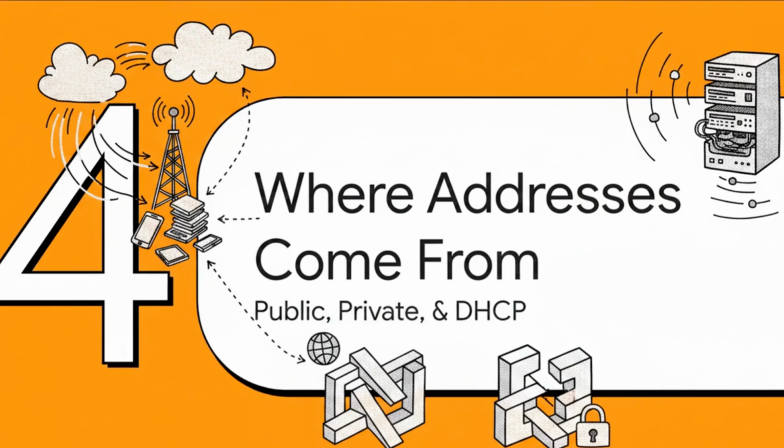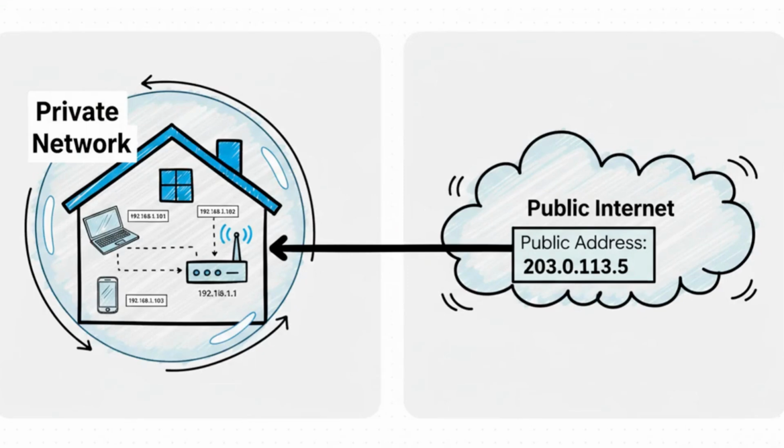All right, so we've totally dissected the address. We get the structure, we know about the different parts. But in the real world, where do these numbers actually come from? Like, who or what is handing them out to all our devices? This is a super important concept to get. The IP address your laptop uses to talk to, say, your printer, that's a private address.